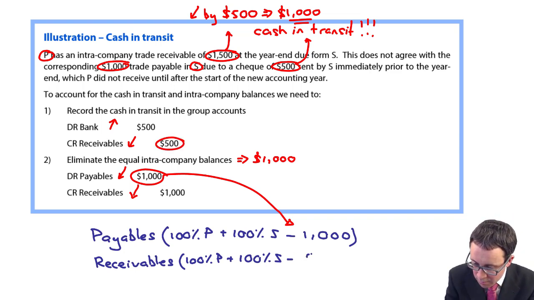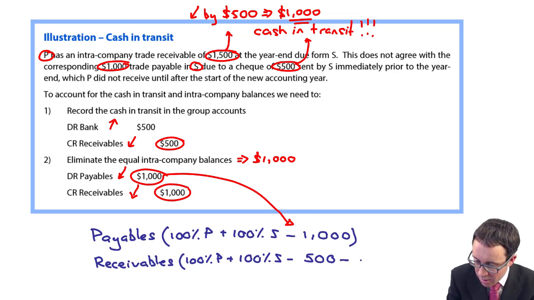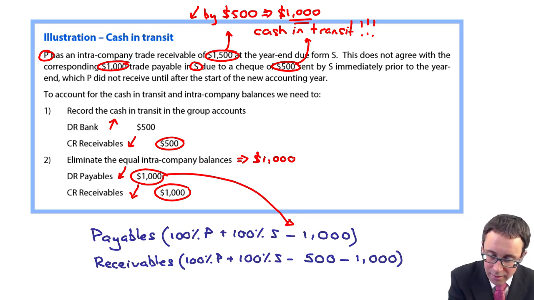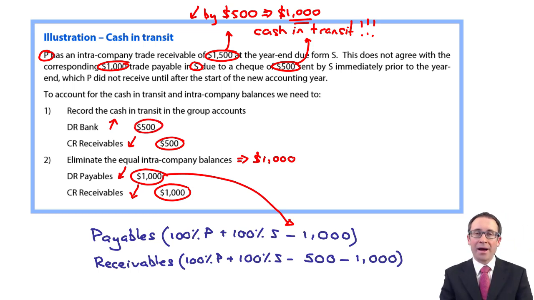So that reduces it by 500. And then you've also got the further credit to receivables. Here's that there of 1,000. Okay. Just don't forget you've got the bank. So that debit to the bank will need to be added to your bank balance. So that's the start. That's the first bit in terms of our adjustments.